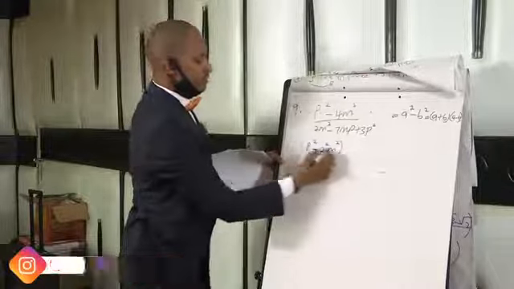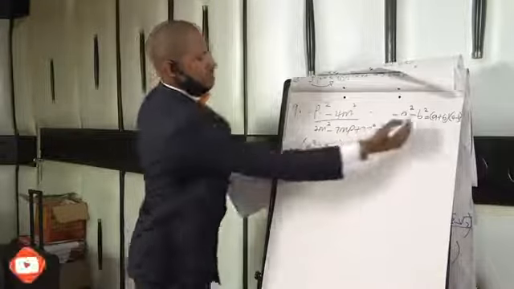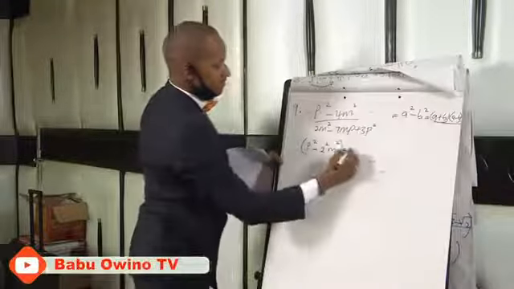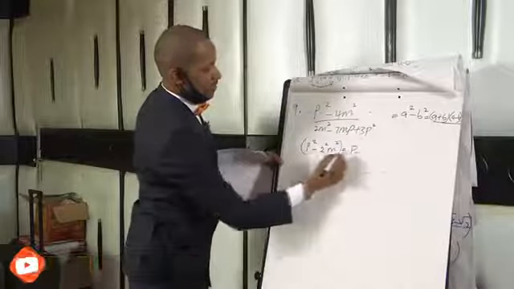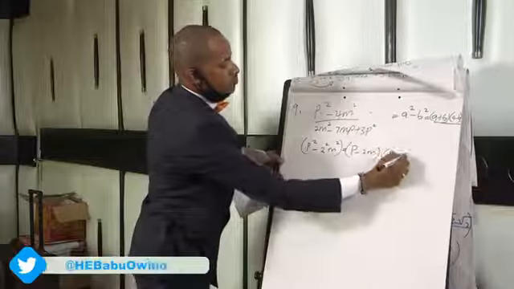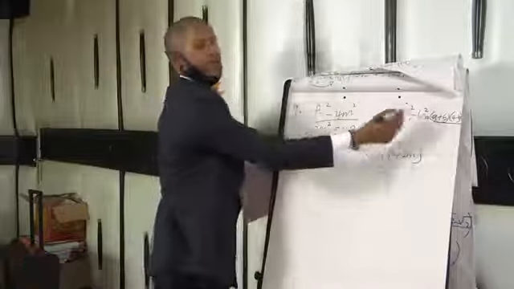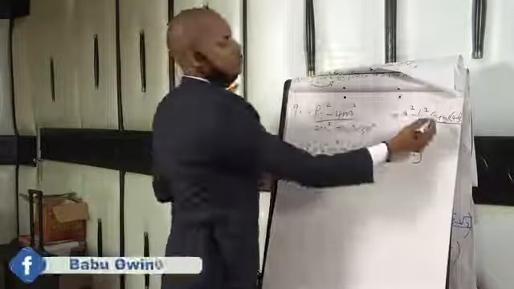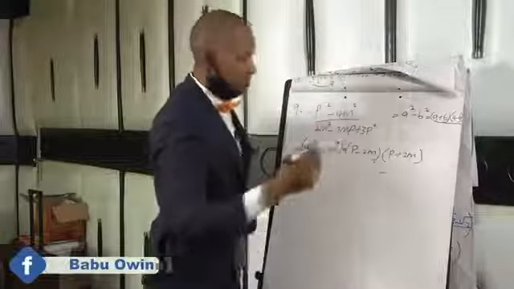So when you simplify this with a difference of two squares, you just write p minus 2m into p plus 2m.